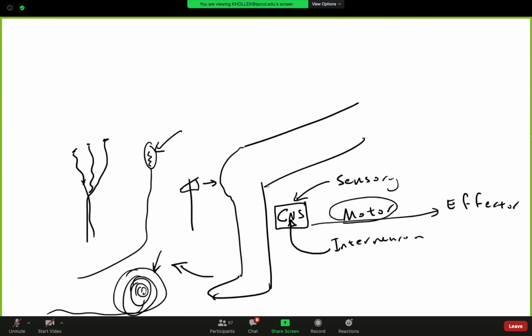Anything that has something to do with sense of position and movement of our joints has got to be proprioceptors. All right. So, for example, close your eyes and raise your finger and touch your nose. All right. Were you able to do that? Well, how do you know where your nose is?